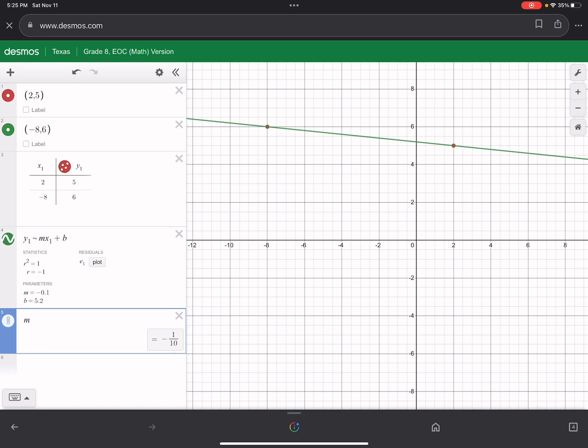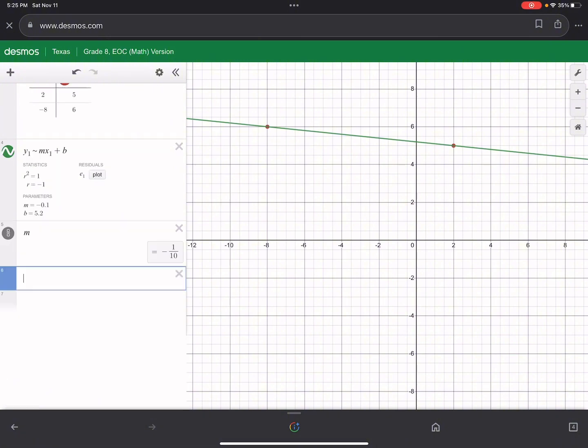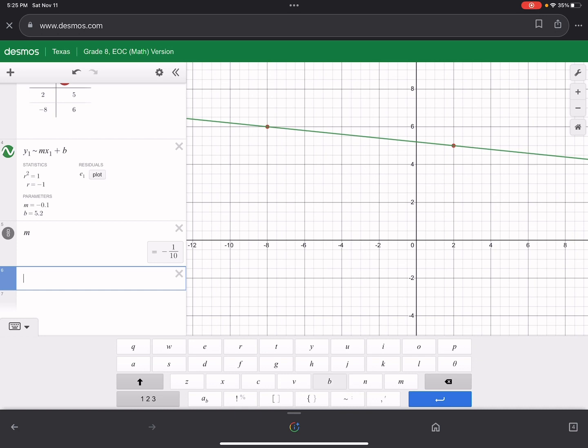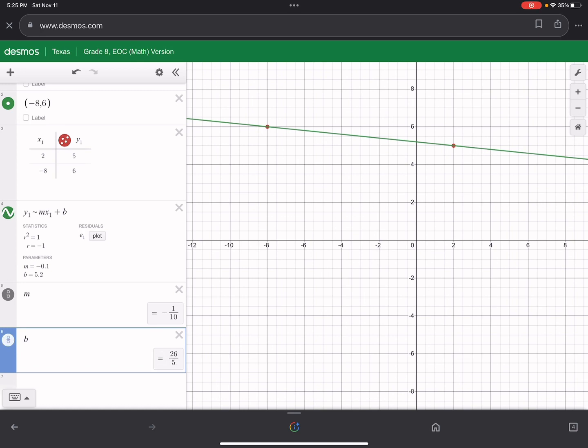So my slope is going to be -1/10. Okay, if I want to know what the fraction for my y-intercept was, I go to the next line, I type B, hit that button to the left, right under the number 6, and I'm going to tap that, and 5/2 is equal to 26 over 5.